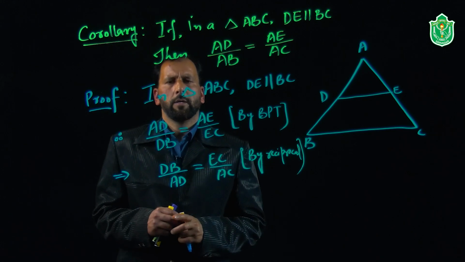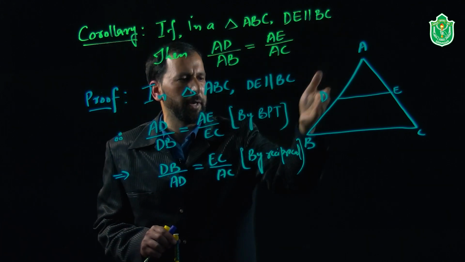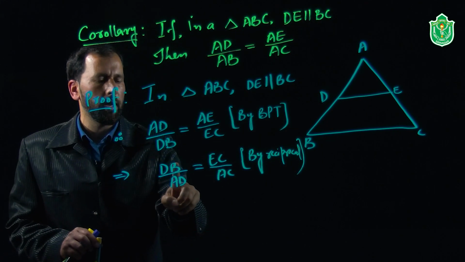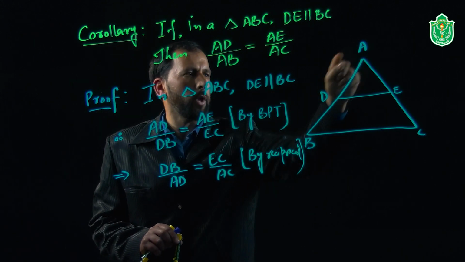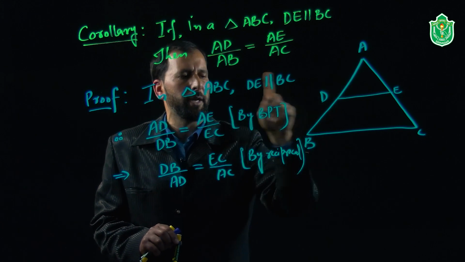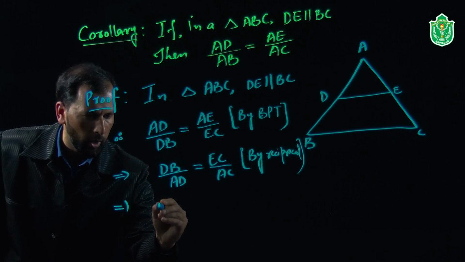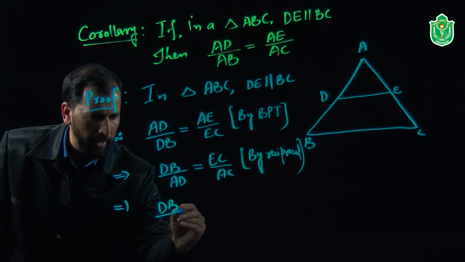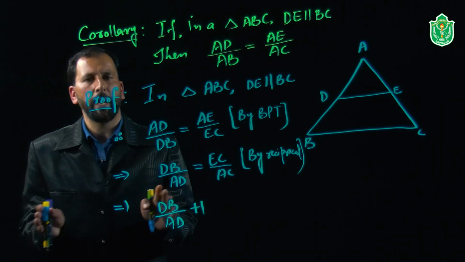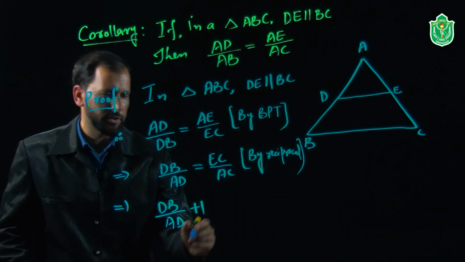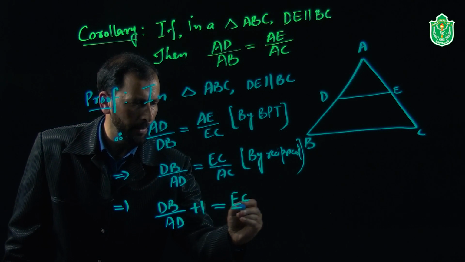Now, to prove the condition, we have to prove AD upon the complete line segment AB, but we have DB and AD. If we add DB to AD, we get the complete line segment AB. So for this, we add 1 to the left hand side and the same 1 to the right hand side, and we get DB by AD plus 1 equals EC upon AE plus 1.